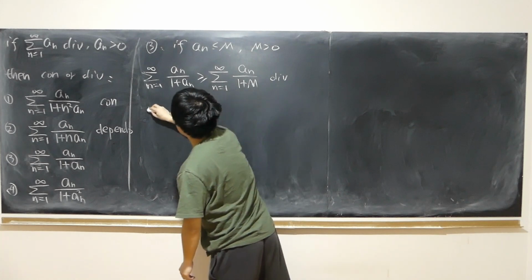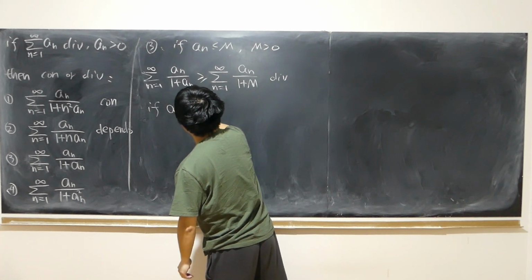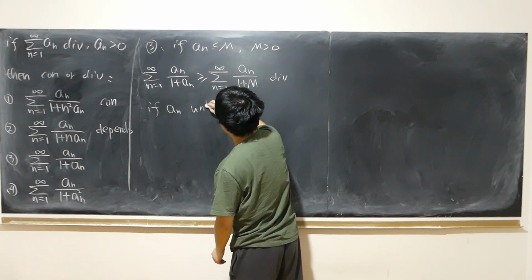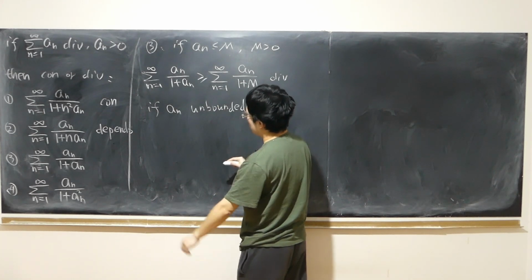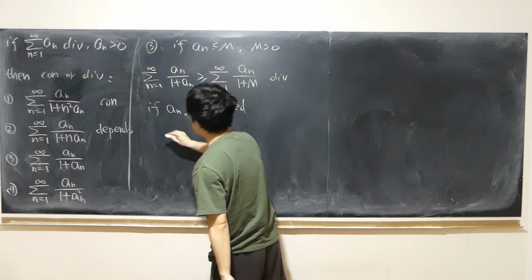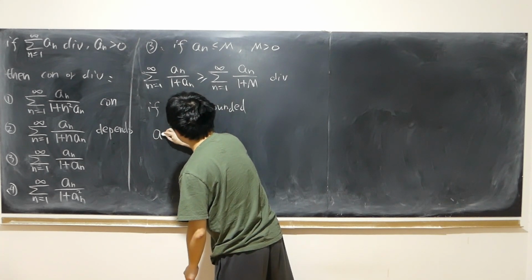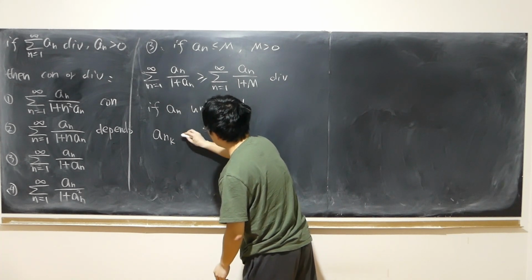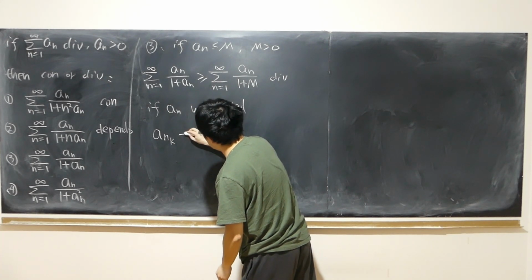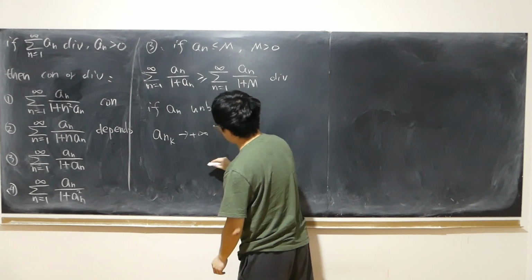If a_n is unbounded, meaning there is a subsequence a sub n sub k that, as k approaches infinity, approaches positive infinity.